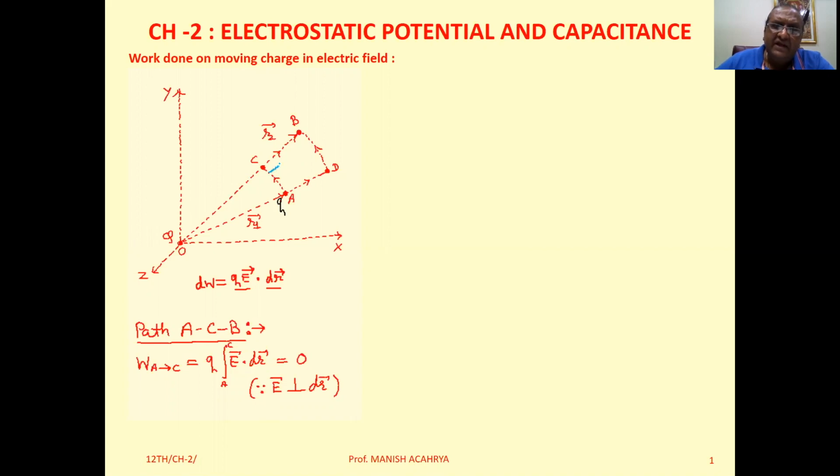So at each and every point on this particular curved path, the electric field is perpendicular to the path. It implies that at each and every point, E dot dr is equal to 0 because E is perpendicular to dr. So we can say the work done to move charge q from A to C in the given electric field is equal to 0. Clear to all of you?